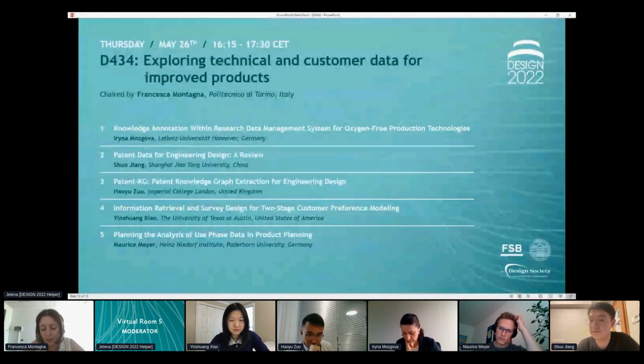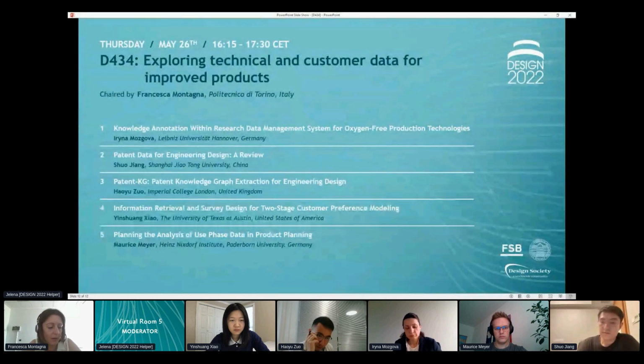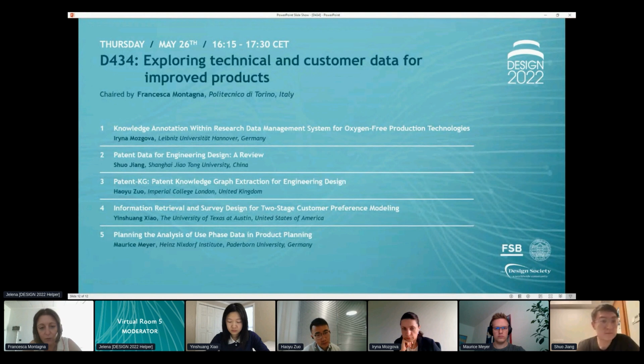Patent data, for instance, are used for functional analysis, for the investigation of technical aspects of systems, of possible solutions, or also of competitive solutions. Users' or customer data are mainly data that derive the needs, the behaviors of the users, the possibility of usage.